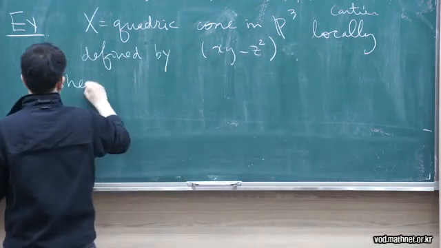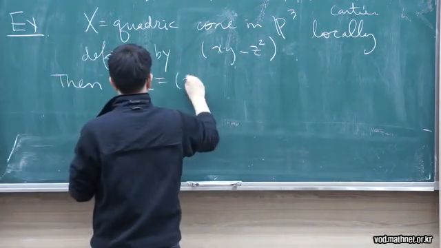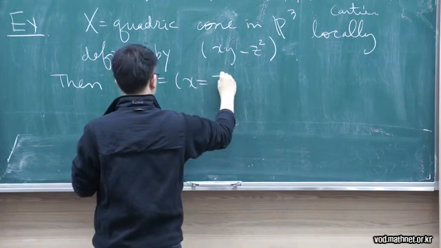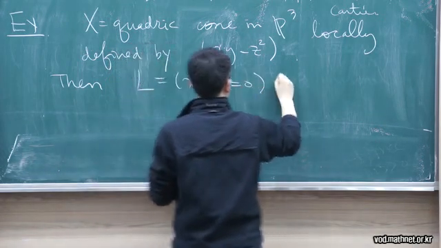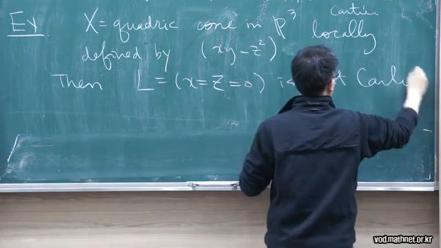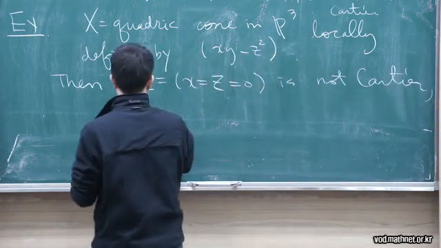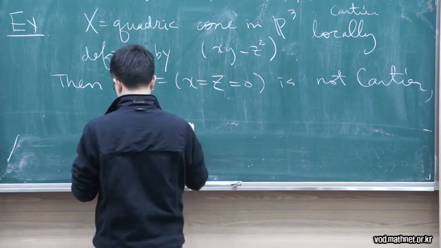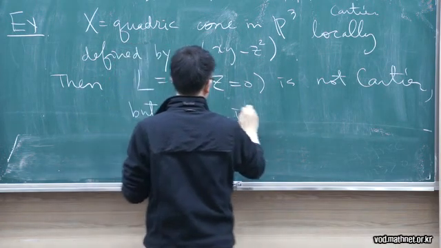Then you can check that L, which is defined by x equals z equals 0, is not Cartier, but 2L is Cartier.